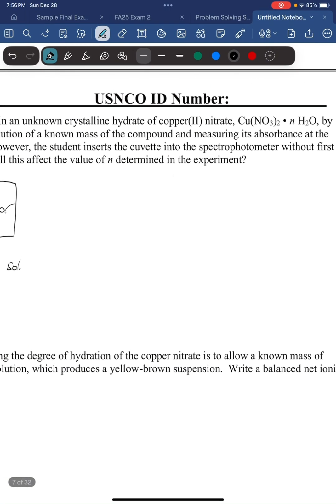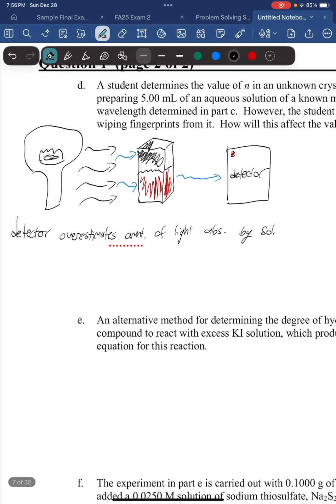Because we're trying to find N of H2O. Well, we can use what's called our measured transmittance. Measured transmittance we use the symbol T, and it equals I over I naught. So what does that mean?